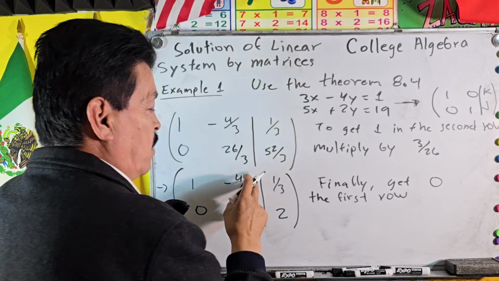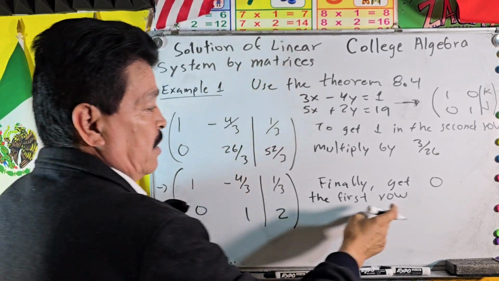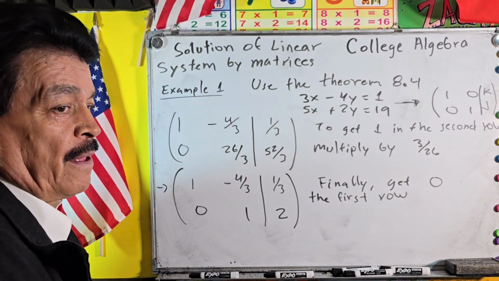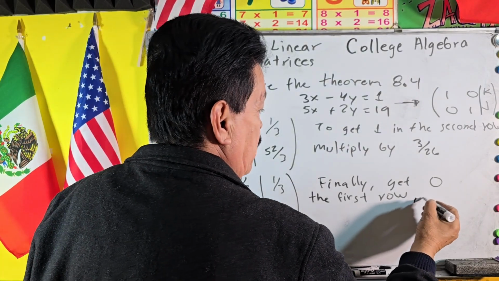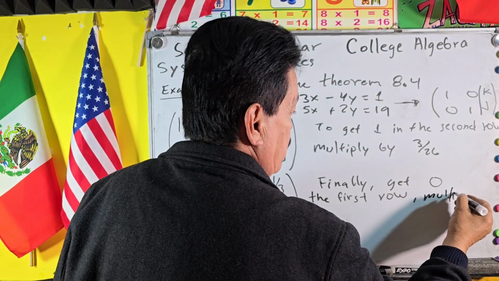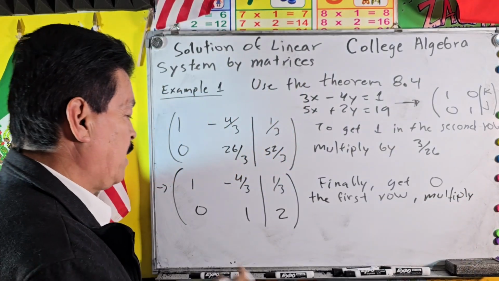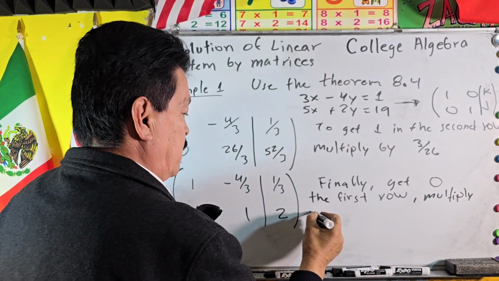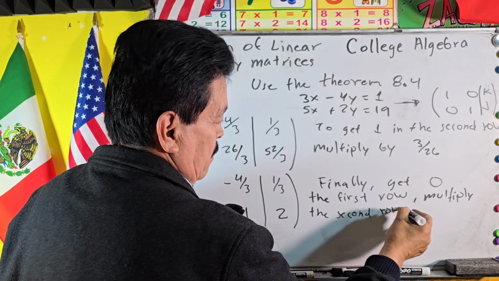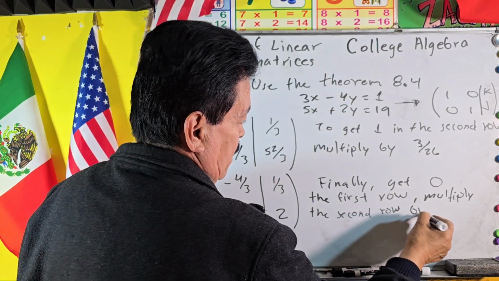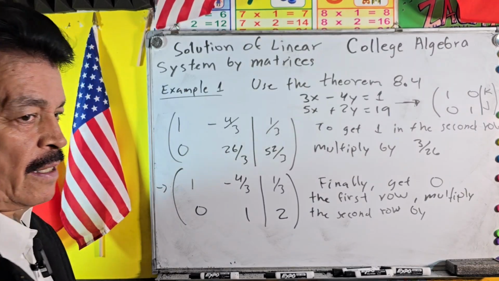We have to get 0 in the first row, in this corner, right? Multiply the second row by what?